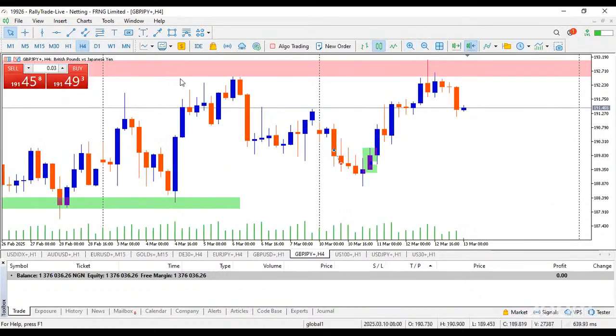While looking for a buy opportunity, let me look for some areas where I think the market may want to retrace from, okay? So this area is one of them.